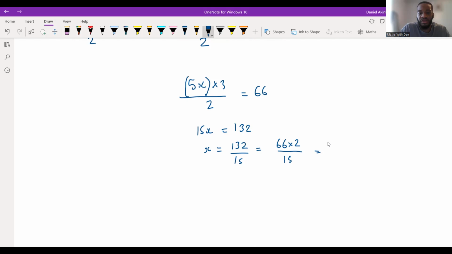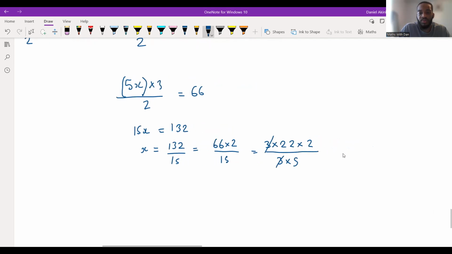So this is the same as 3 times 22, all over 3 times 5, isn't it? Yeah. And now 15 is 3 times 5. That's fine. I've broken this down. This will cancel like this. And then this will just become 44 divided by 5, right?